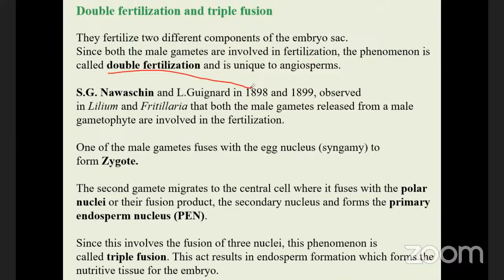I already told you, the fusion of a male gamete with the egg cell is syngamy. That process is called syngamy, so that it forms the zygote, the embryo. This process was first observed by Strasburger in Fortloka plant.